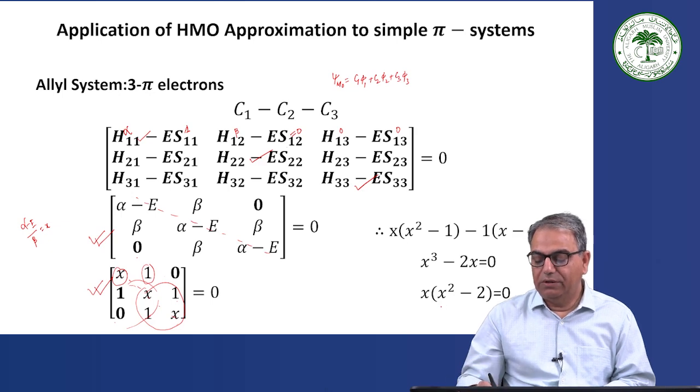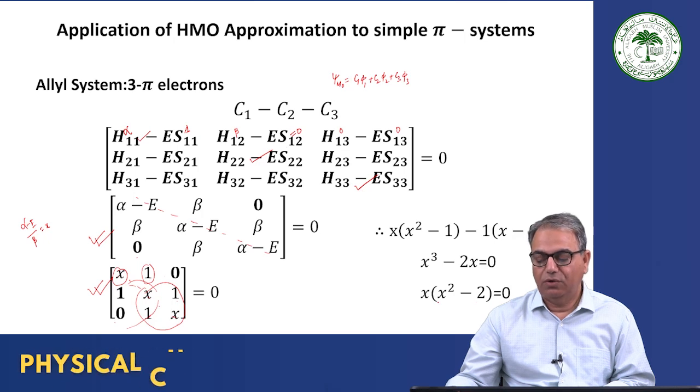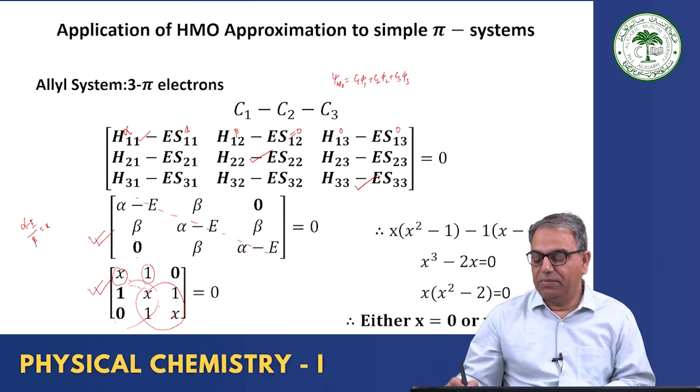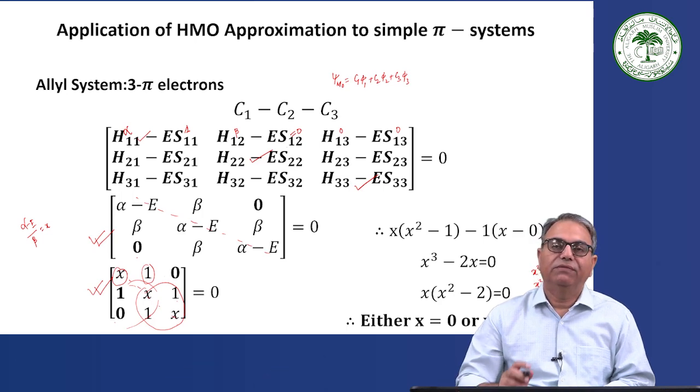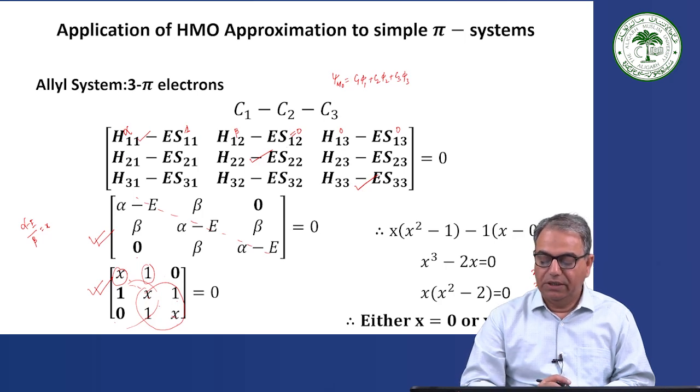Now this equation will be satisfied when x is equal to 0 or x is equal to plus minus root 2. If x square minus 2 is 0, then x square is 2, so x is equal to plus minus root 2. So you have three different values: x is equal to 0, and x is equal to plus minus root 2.